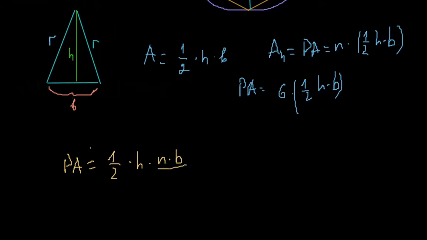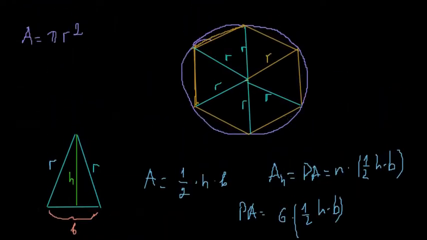For example, in this case, 6 times the base of these 6 triangles will give us, not exactly, but the circumference of the circle.